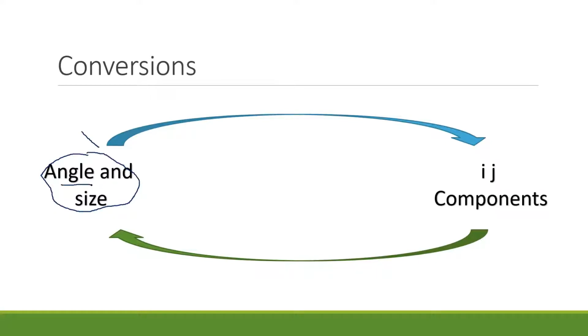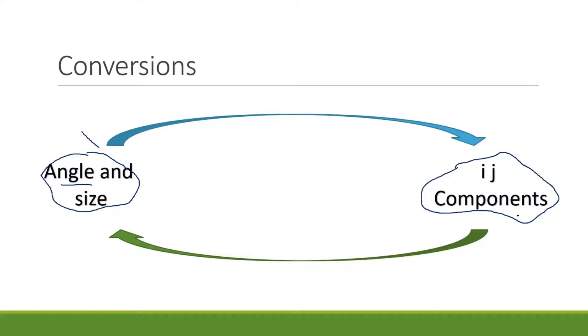So it might be northeast or north 45 degrees east. If you've done bearings before in maths, this might be familiar to you. If you haven't, that's okay, but that's how we can use an angle and a direction. The other one is ij components. Now, we've already talked about ij components.